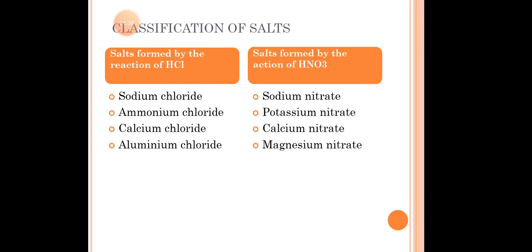Now, salts which are formed by the reaction of hydrochloric acid. I just gave 2 examples on the screen. Suppose hydrochloric acid and sodium hydroxide react with each other, we know a salt and water will be formed. So here, sodium chloride. When you are given a salt, sodium chloride, you must know the parent compounds.